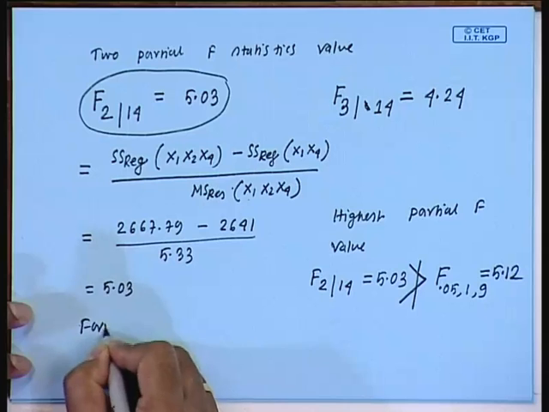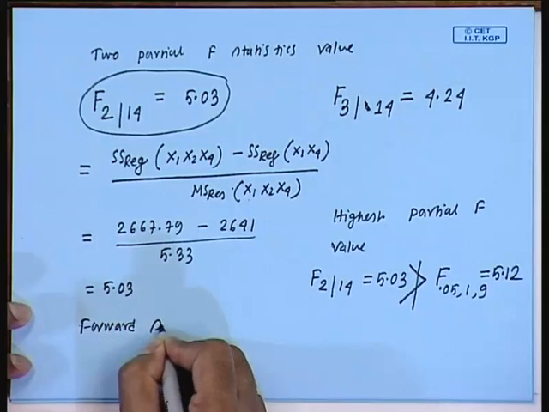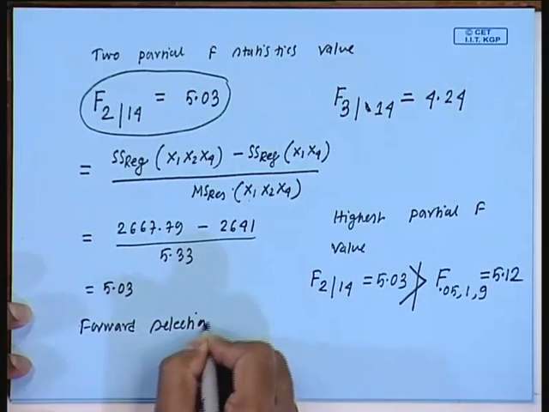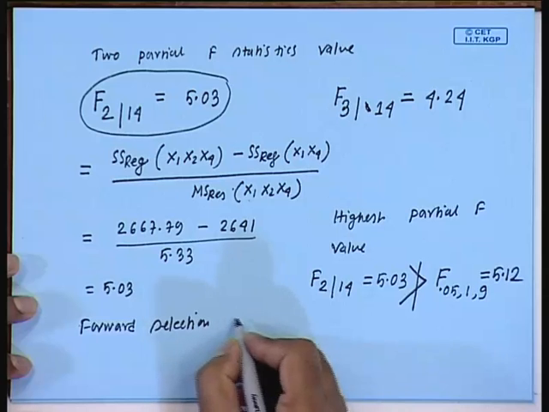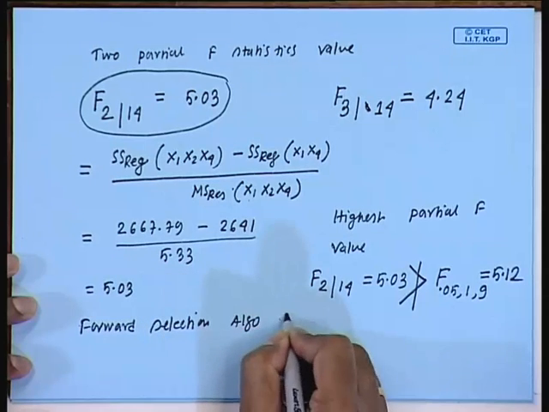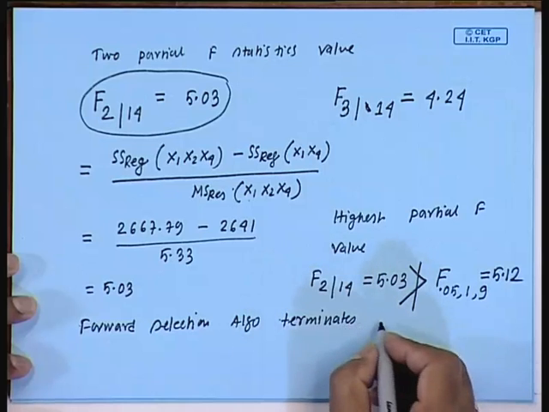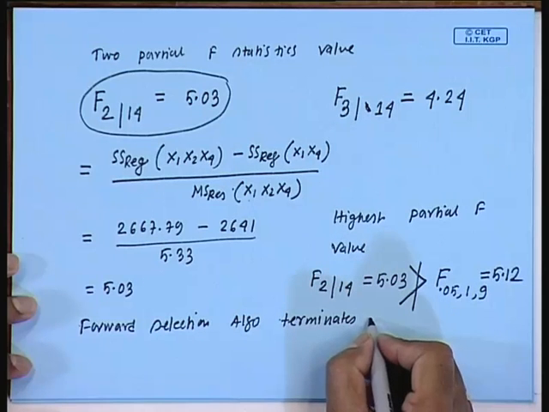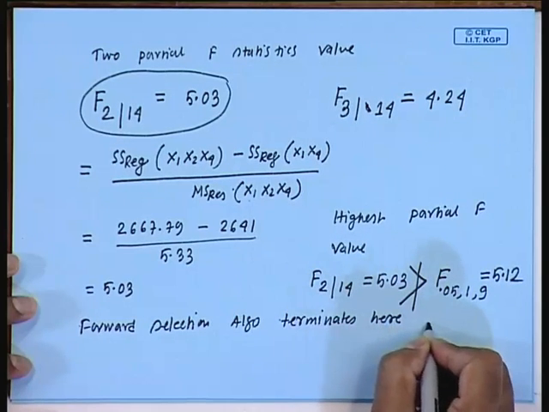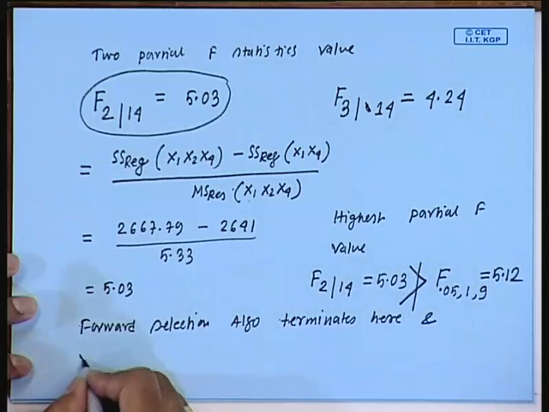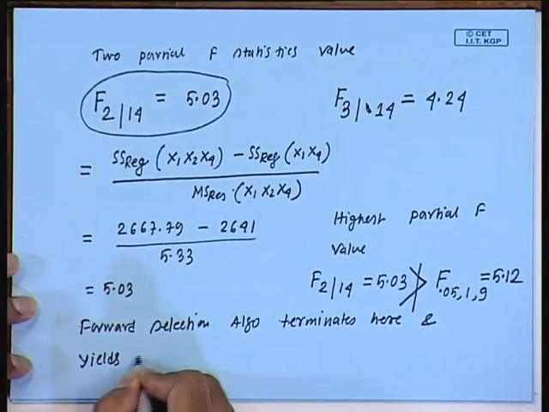Well, so the forward selection algorithm terminates here, and yields the model.